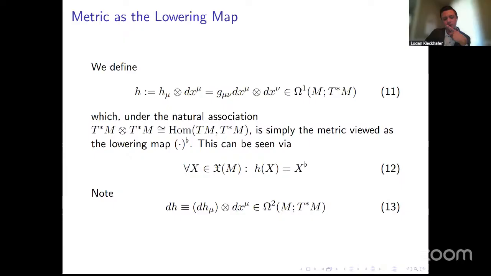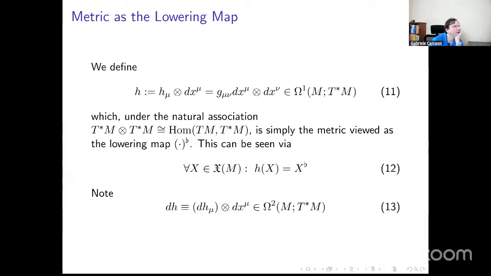H applied to a vector field X just gives the covector field of X. The only reason I did all of the formalism in equation 11 is to show how the metric one forms appear in this lowering map, and to stress the importance of the metric in how we lower vector fields into covector fields.